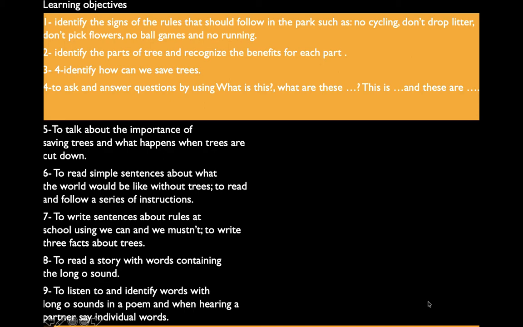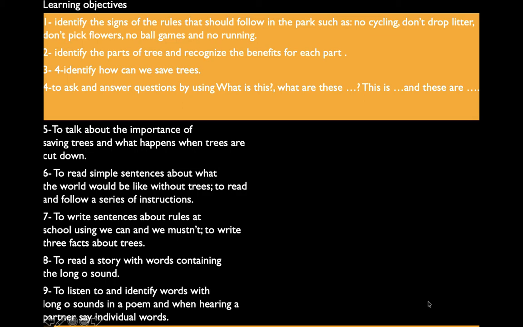Number six, read simple sentences about what the world would be like without trees, and read and follow a series of instructions. Number seven, write sentences about rules at school using we can and we mustn't, and write three facts about trees.